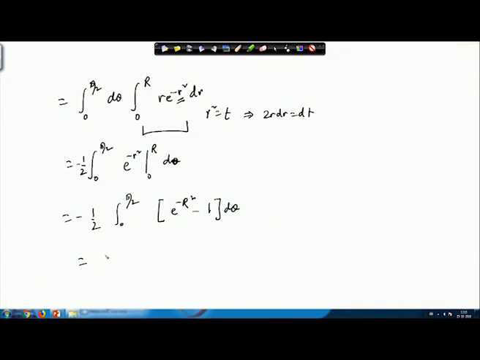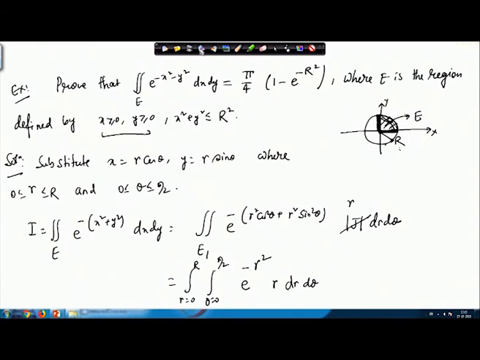So this will be pi by 2 times half times 1 minus e to the power minus R square. Ultimately we have pi by 4 times 1 minus e to the power minus R square, and I believe this is what we needed to prove.